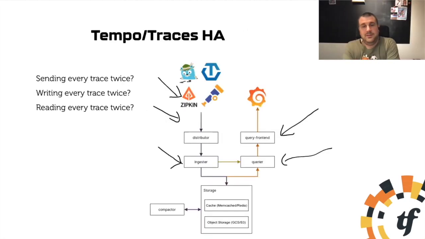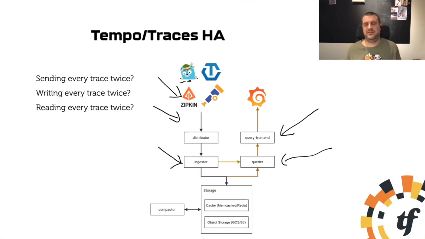Well, then Tempo actually was the most interesting one to fix. Well, fix in air quotes. I asked the same questions. Should we send it twice? Which is actually not that feasible, since the available SDKs don't allow you to send it twice, unless you start doing funky stuff with your code.